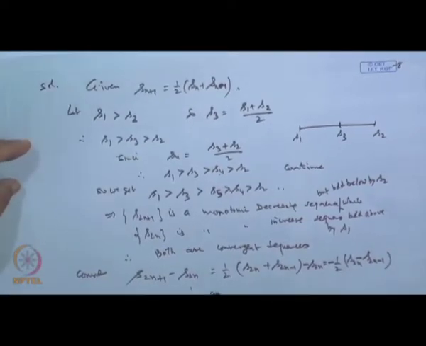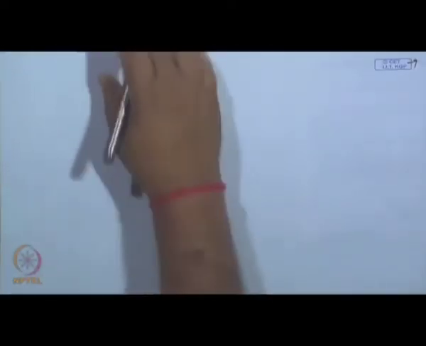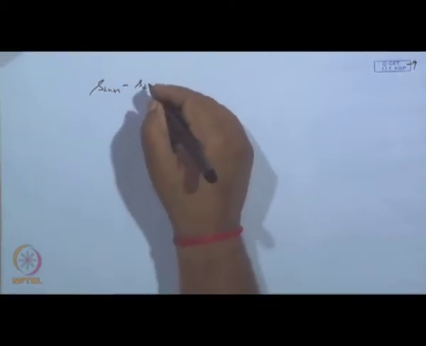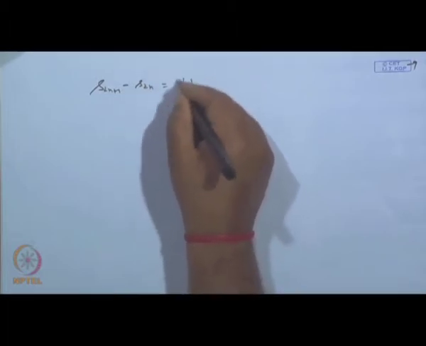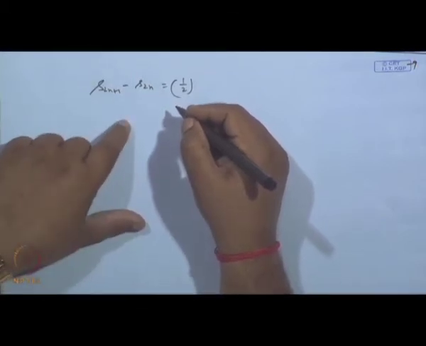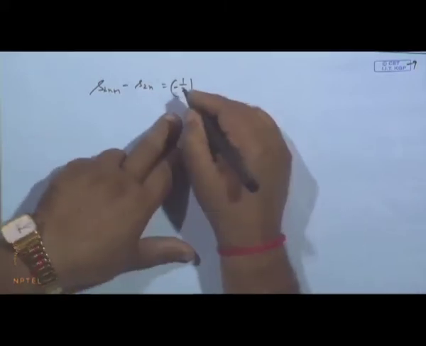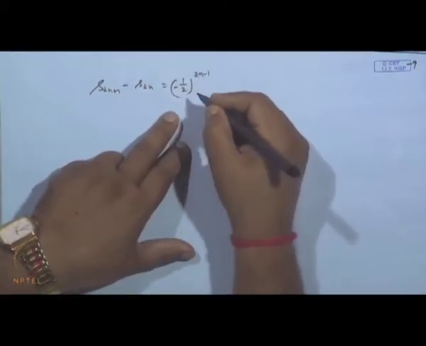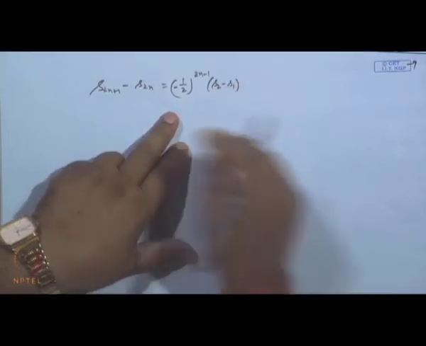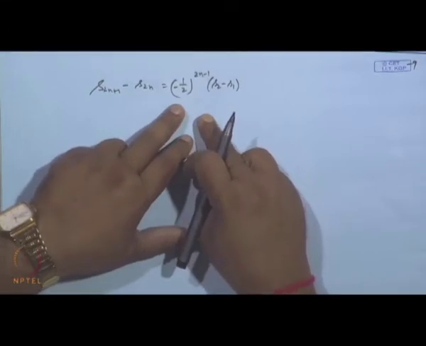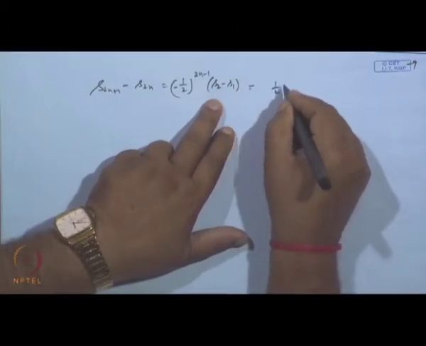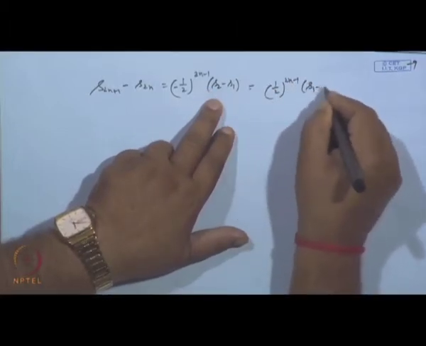If I continue this, then what are you getting? S2n plus 1 minus S2n basically comes out to be minus half raised to the power 2n minus 1 times S2 minus S1. Now, since S1 is greater than S2, we can write this as half raised to the power 2n minus 1 times S1 minus S2.